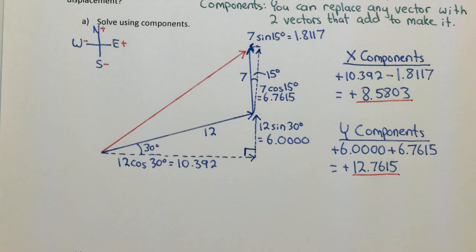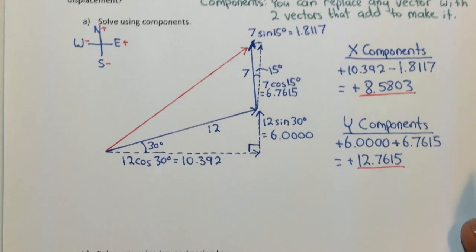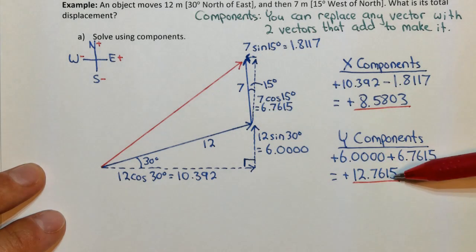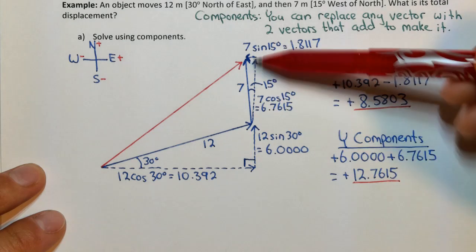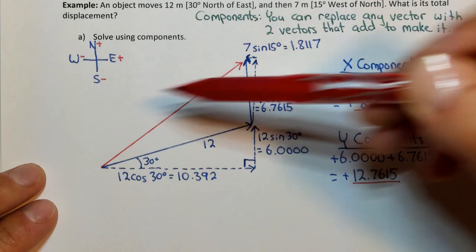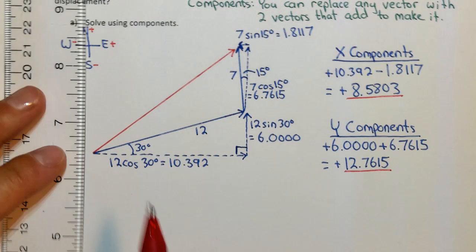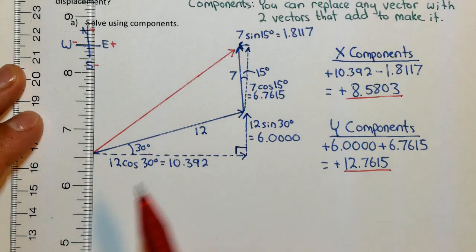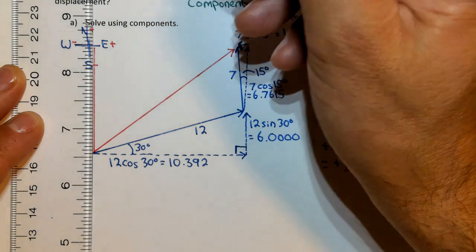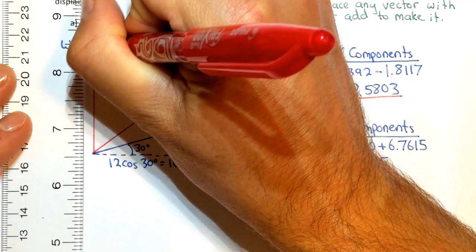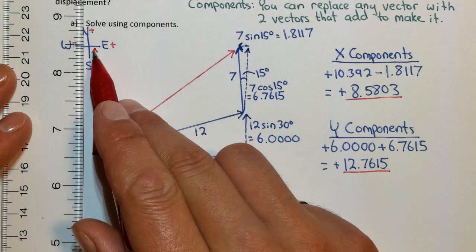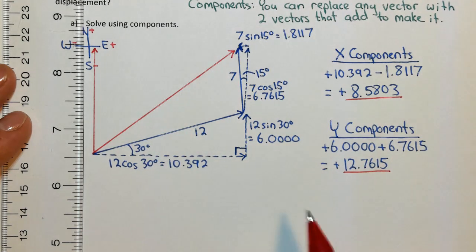But let's look back at our graph, or our diagram. The resultant of these y components, for example, was this plus this, so it went from here to here. If I take that same line and I draw it over here, we see that not only is this the resultant of the y components, it's also the y component of my resultant.